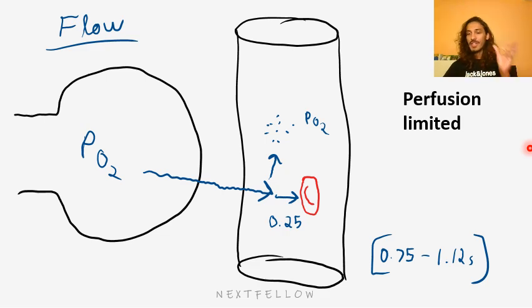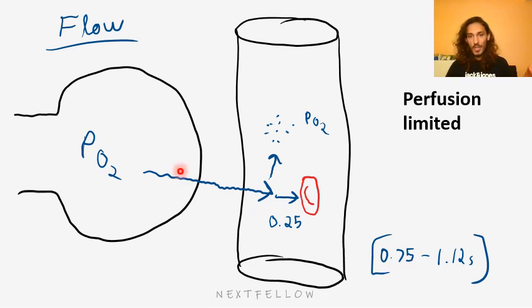But on the other hand, when you take something like carbon monoxide, when it goes into the RBC, the hemoglobin has 200 times more affinity for carbon monoxide than for oxygen. Because of that, this takes longer time. It can take in more carbon monoxide and it takes longer. So even this 0.75 second is not enough.